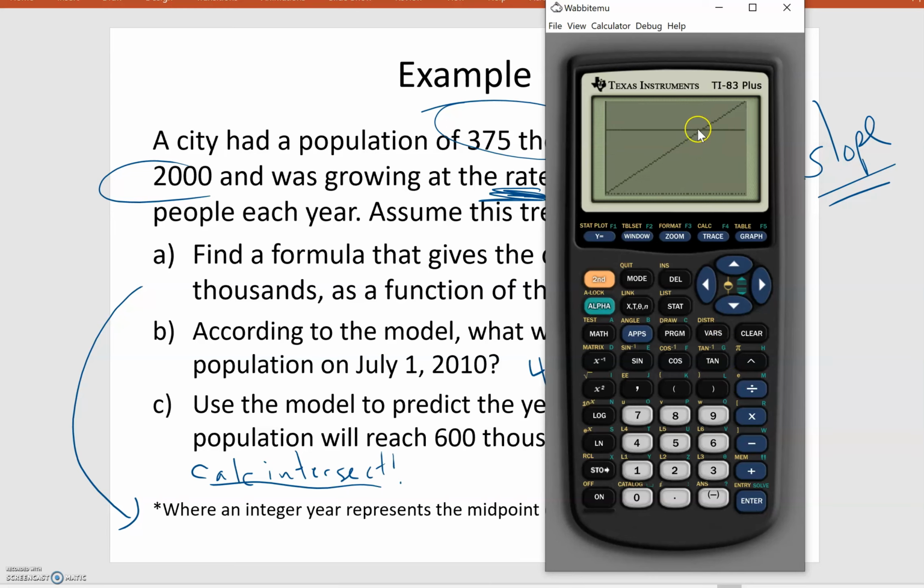There it is. So that's actually a pretty good graph. Now let's do second trace, calc intersect. First curve, enter, second curve, enter, and then my guess, I'll move over here, enter again, and notice what it tells me. It actually gives me the year, so it says 2024.32.